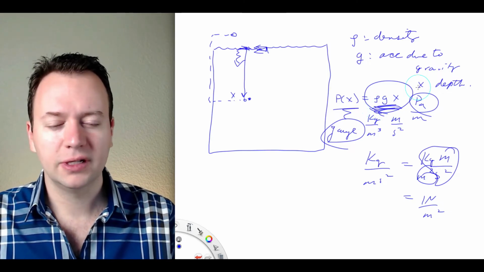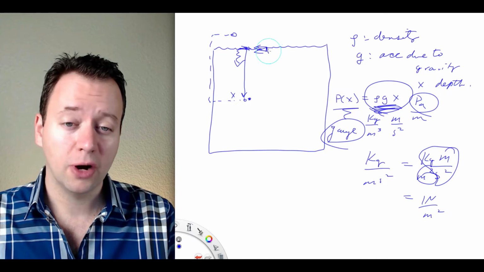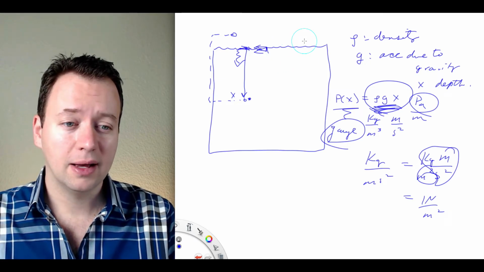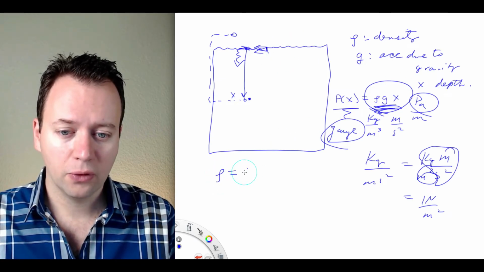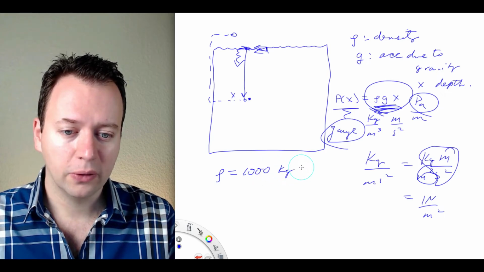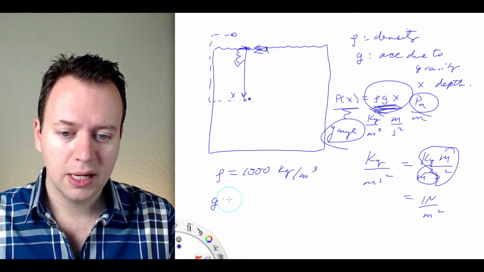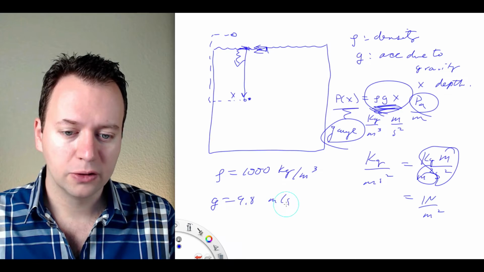So this is interesting. When we go diving, how quickly does the pressure increase? Well, let's take a look. Rho for water is 1,000 kilograms per cubic meter. G is 9.8 meters per second squared.